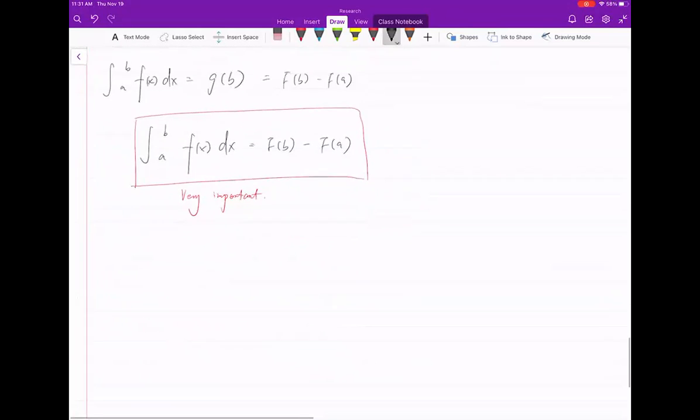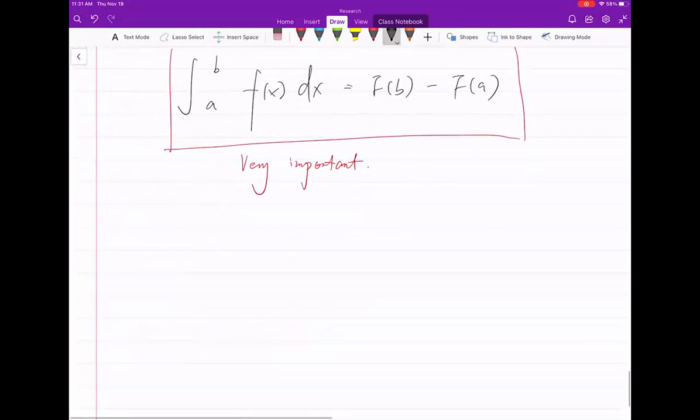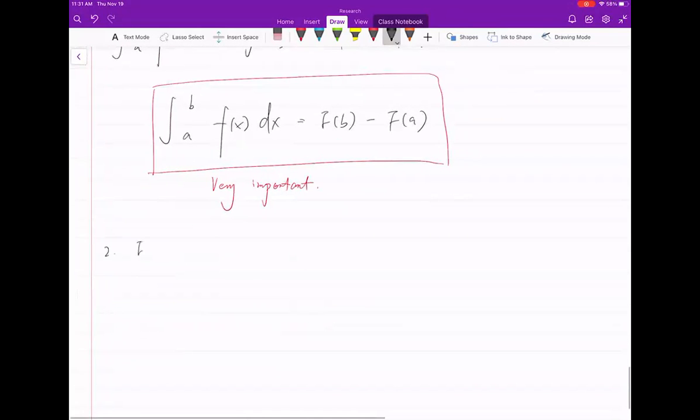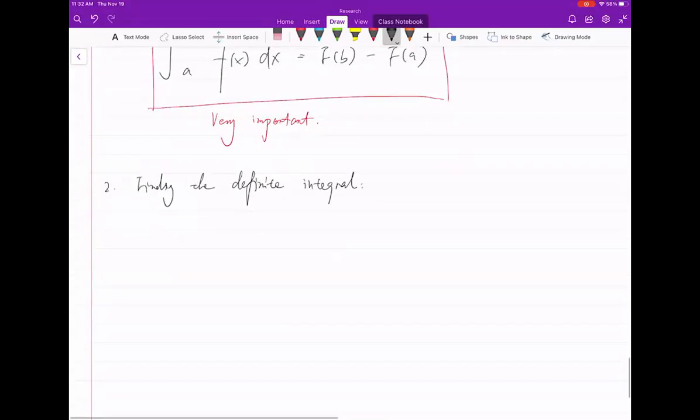Let's try to see how we use this, finding the definite integral from this formula, of course. Now let me remind you the painful experiences we had before and try to appreciate how much help we get from this formula.